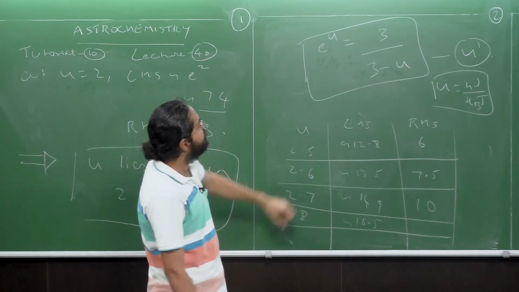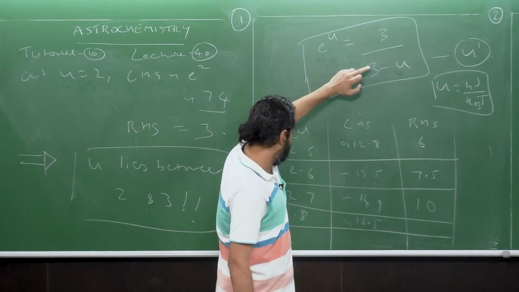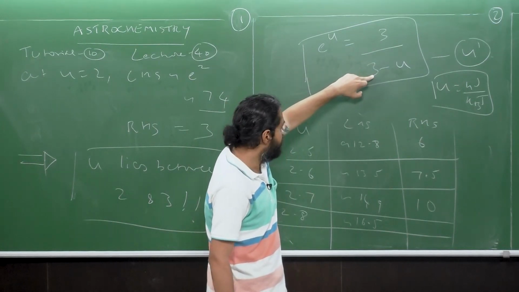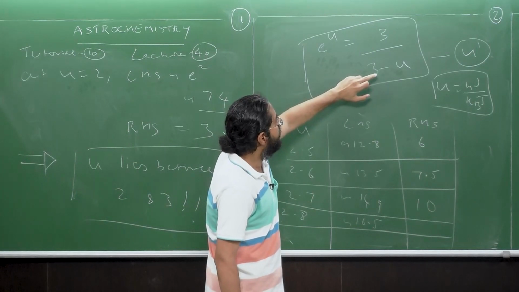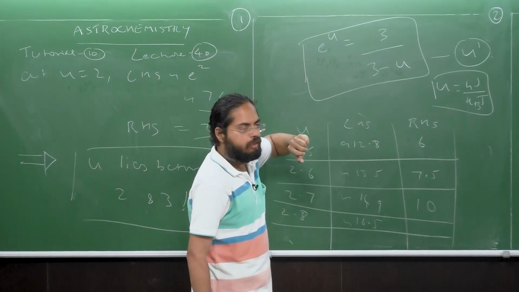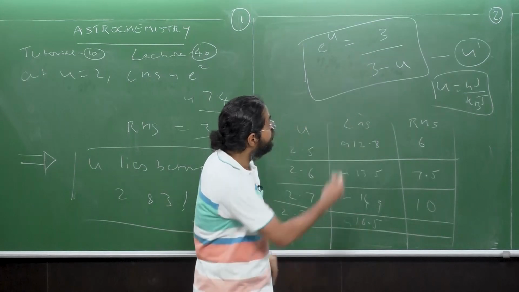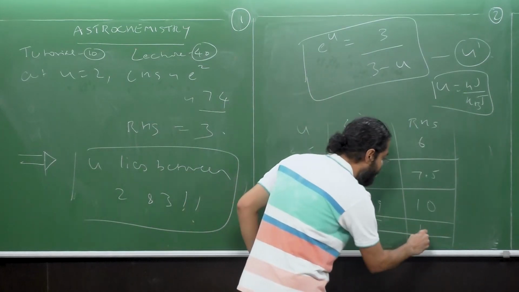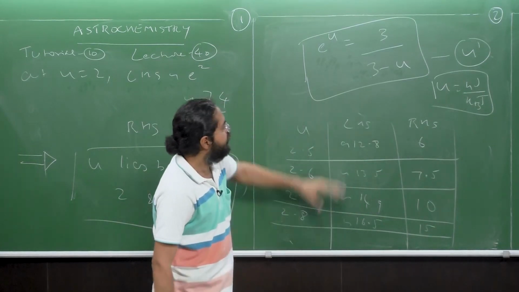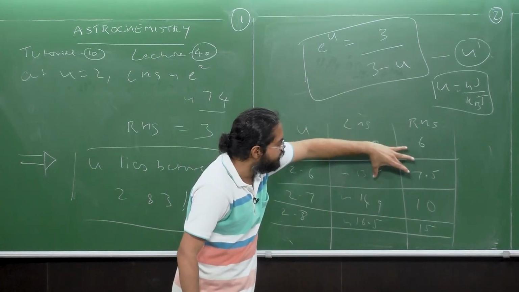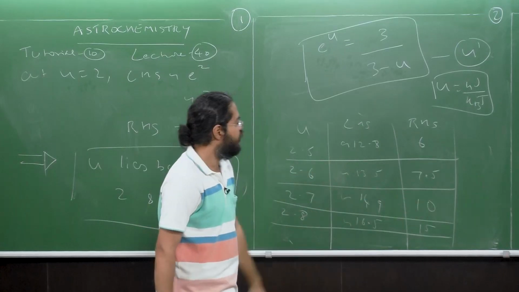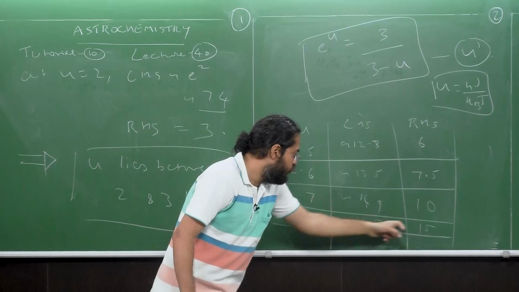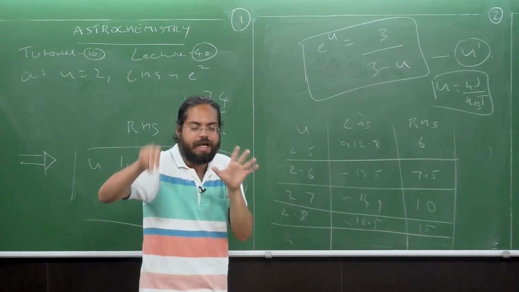Now RHS is 3 divided by 3 minus 2.8, which is 3 divided by 0.2, correct? So this number is going to be 3 by 2 into 10, which is 15. Aha, notice that. The gap between LHS and RHS is further decreasing. It was like 6.8 to 6 to less than 5, which means we are getting there, right?